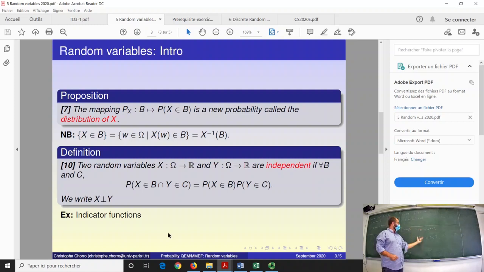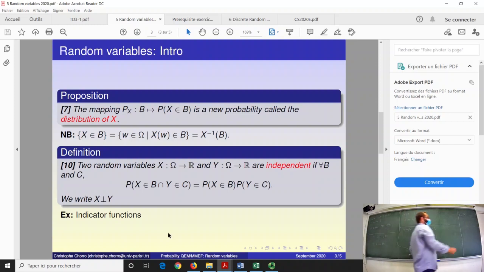So I have two indicator functions. I want conditions on the sets A1 and A2 to make them independent as in definition 10. My first question is: what is the preimage of a set by the indicator function?